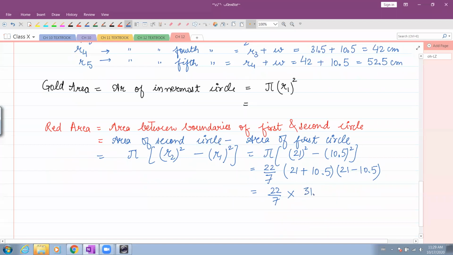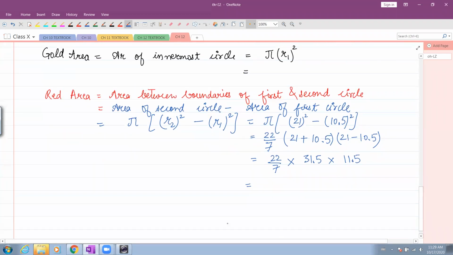This will be 31.5 multiplied by 11.5. Just use the identity to simplify. And if there is any cancellation possible, you can do the cancellation, and you can leave the answers in fractional form. No need to go and convert it into decimal.